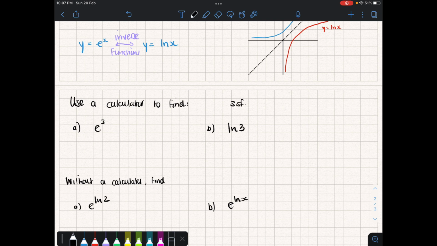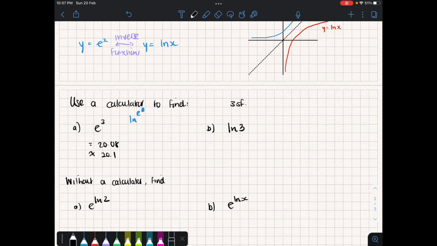If we want to take e to the power of 3, an even better button to use on your calculator is just above the natural log button, the e to the power button. So here we're just going to go e to the power of 3, and we'll get 20.08, which we can round to 3 significant figures.